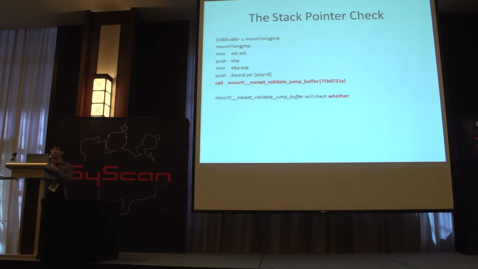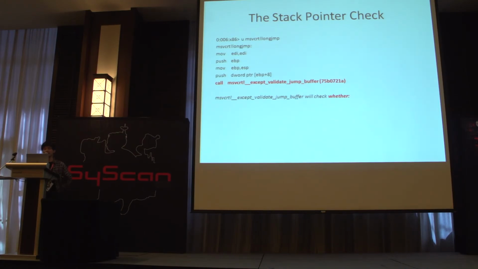We can see these context change APIs are very powerful. And to prevent abuse of these APIs for malicious intent, Microsoft has added some checks in these APIs, which we call the stack pointer check. Take longjmp as an example.